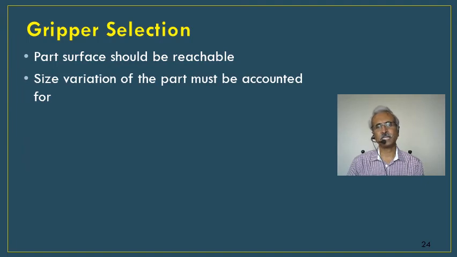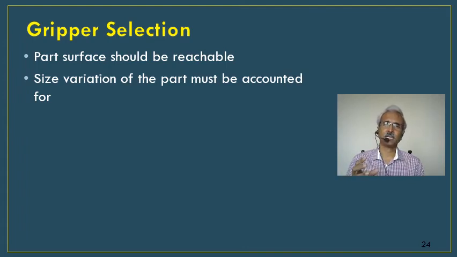Second is size variation of the part must be accounted for. During my lecture I was telling you, especially when we were discussing magnetic grippers, design changes when there is a change in size or shape. For every design change, can I keep changing the design of the gripper? You can, but it involves time and money.